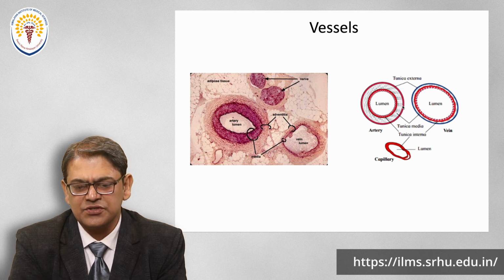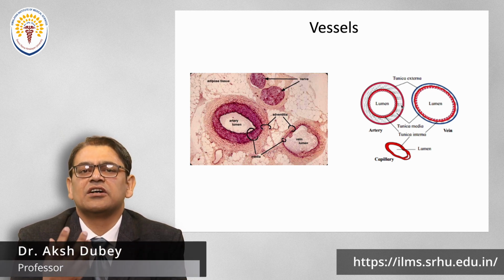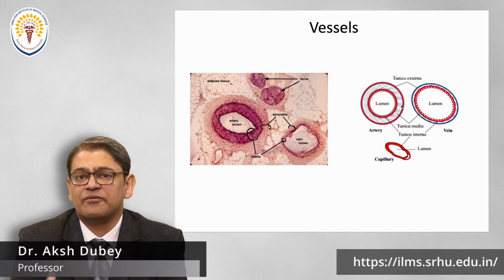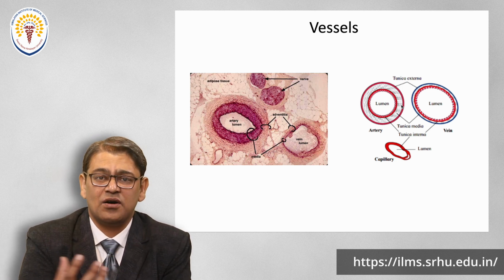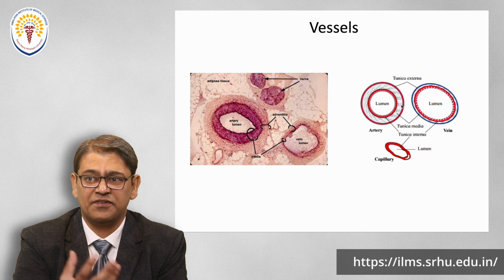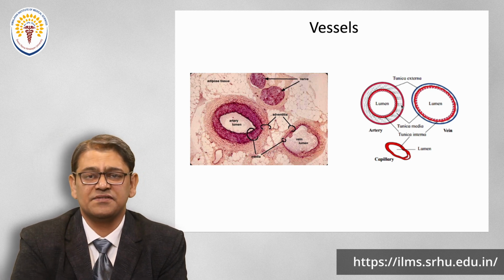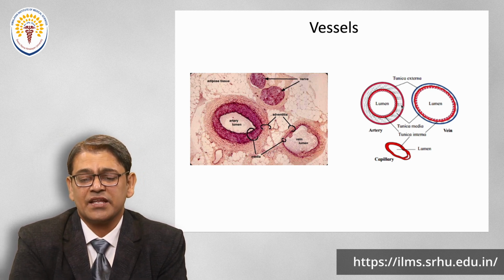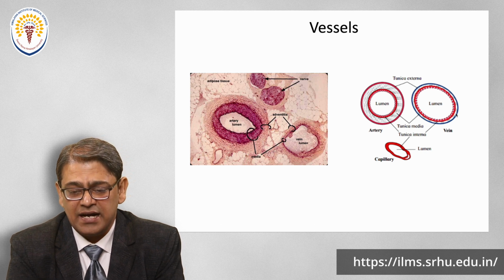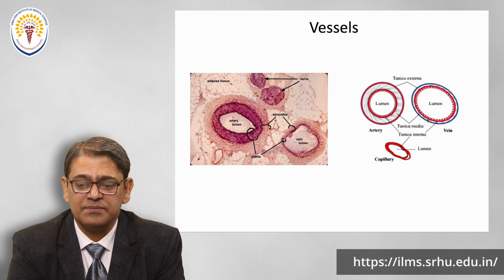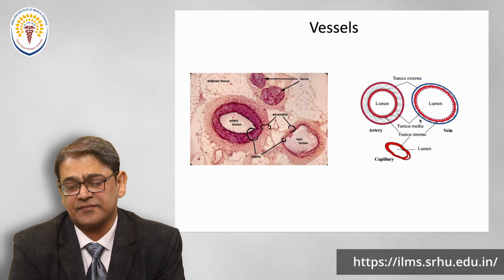The middle one is tunica media, where we see a lot of connective tissue, and how this connective tissue is modified defines various sorts of structures. For example, if you see the vein nearby, the tunica media is very thin, right?